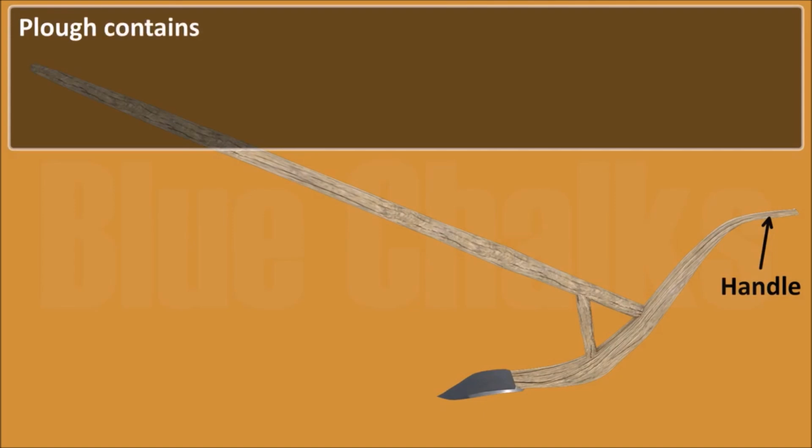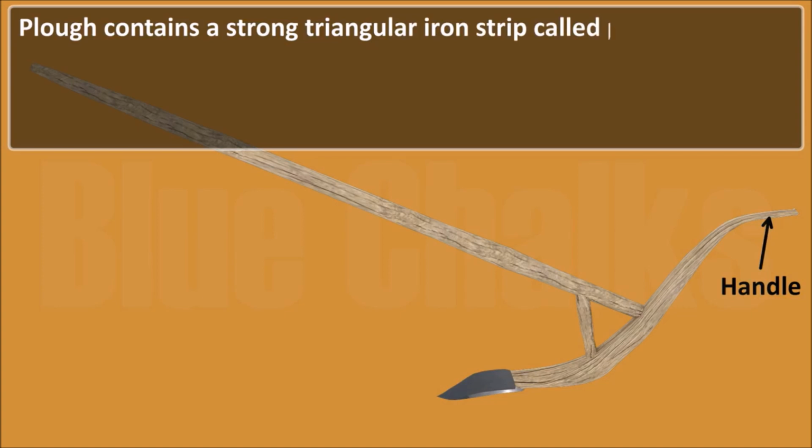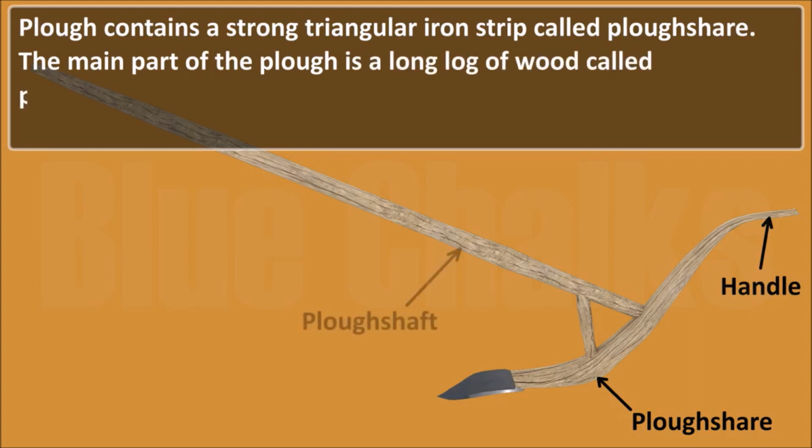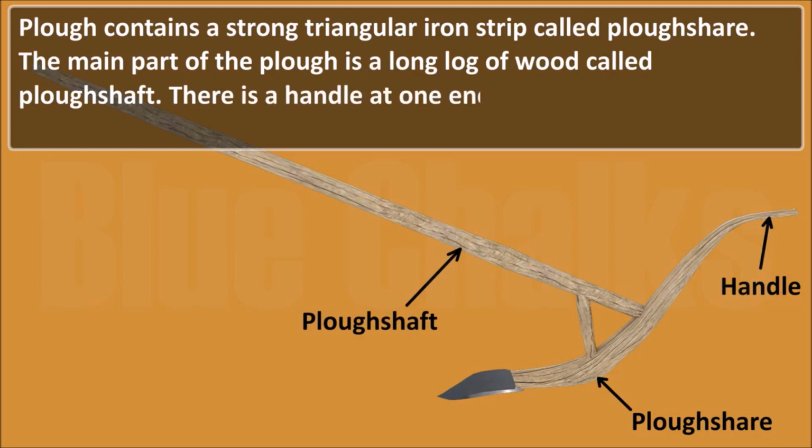The plow contains a strong triangular iron strip called the plowshare. The main part of the plow is a long log of wood called the plow shaft. There is a handle at one end of the shaft.